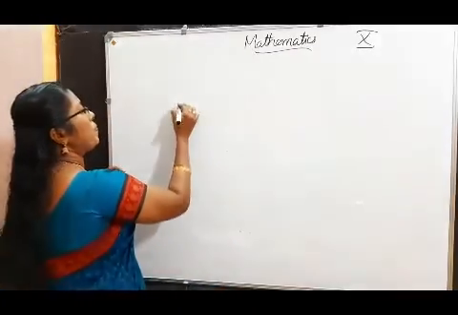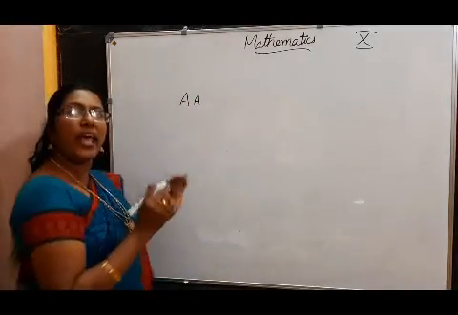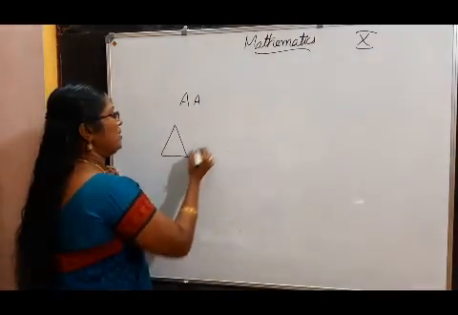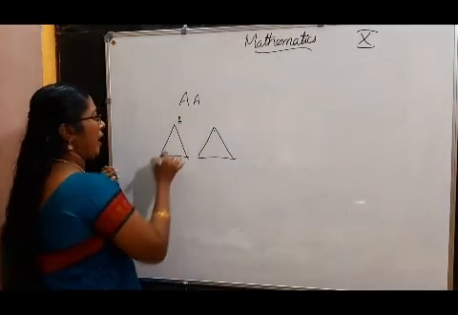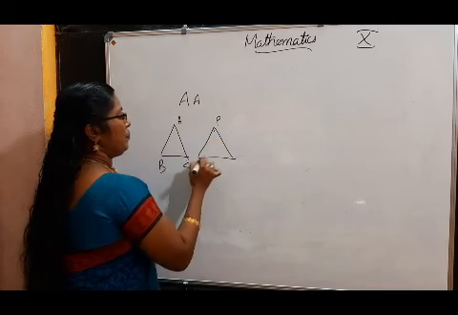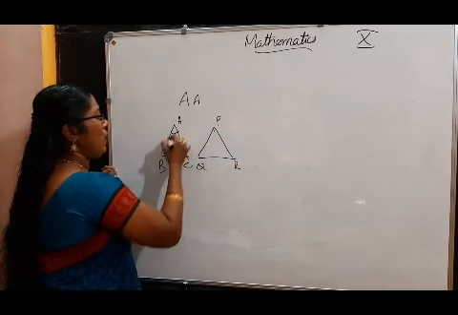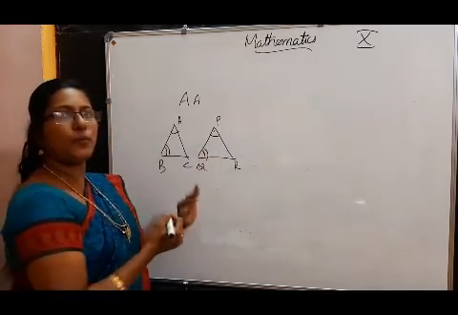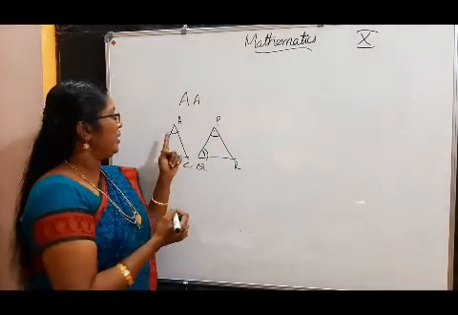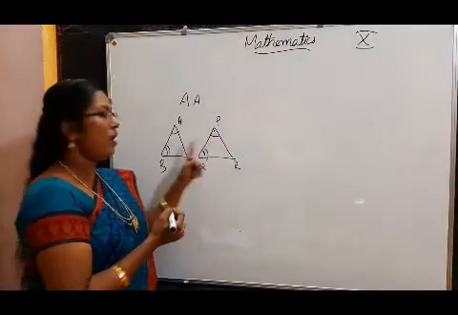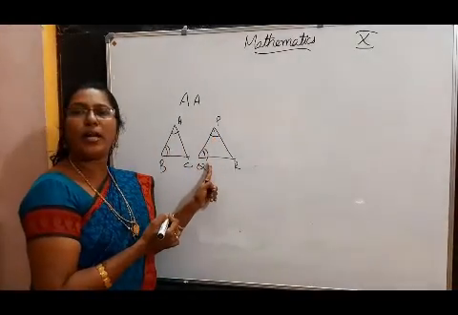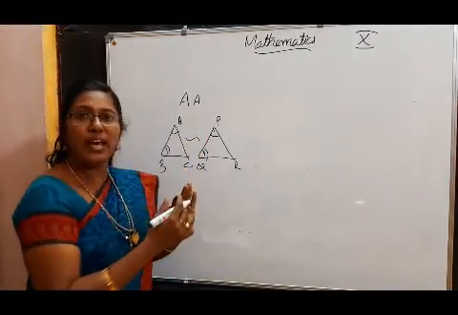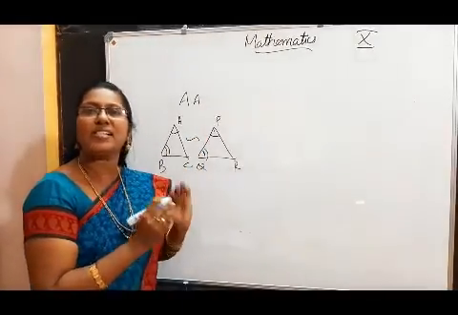Here, AA or AAA, angle, angle, angle. The 2 triangles, ABC and PQR. If 2 angles are equal to the corresponding angles, here angle A and P are equal, angle B and angle Q are equal, we can say that they are similar, and their corresponding sides are in the same ratio.